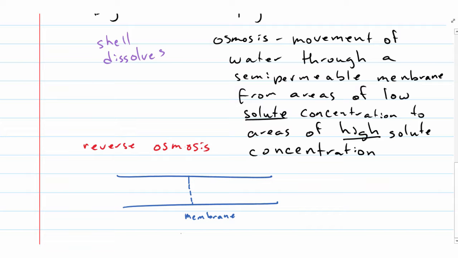Semi-permeable. The term semi-permeable means it allows some things through but not others. And so let's say that we had pure water over here, and we had our impure water over here.